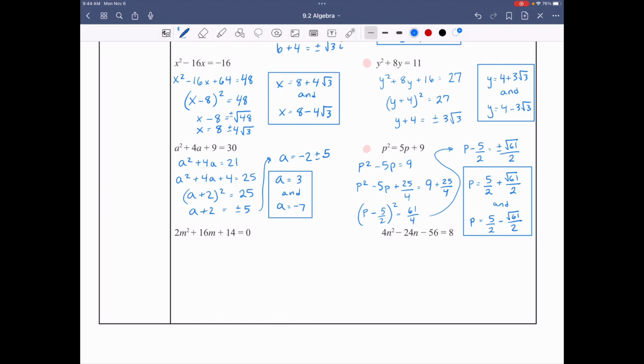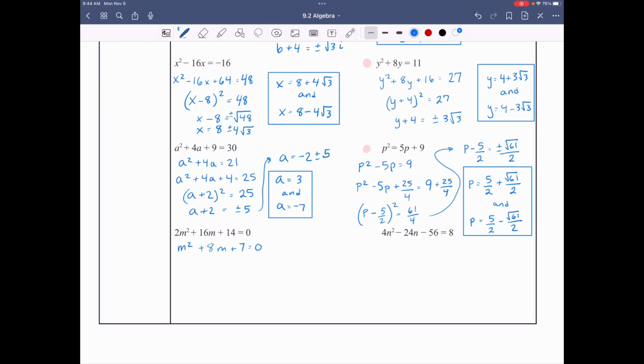Alright, on this one we have a coefficient in front of the m squared and the m. So what I'm going to do is just divide by 2. So we're going to get m squared plus 8m plus 7 equals 0.